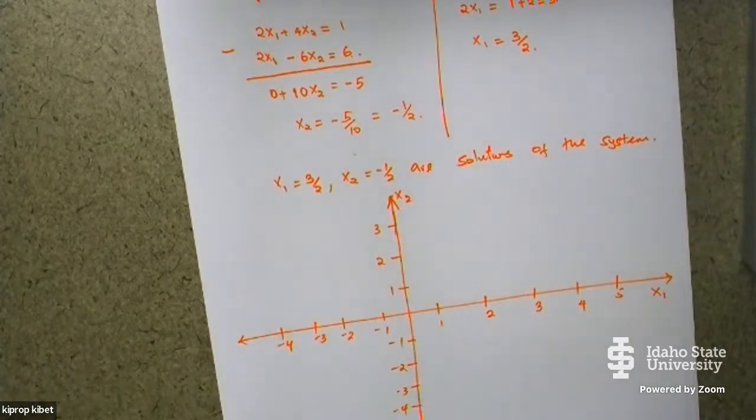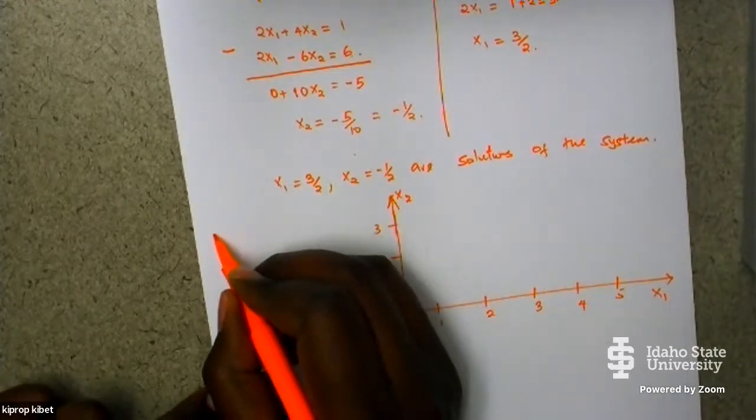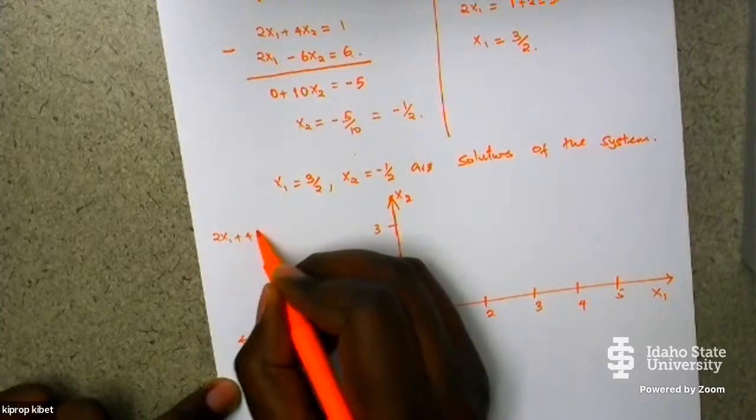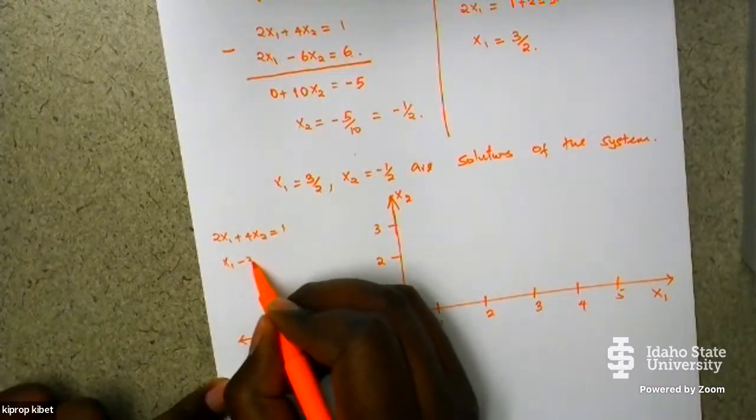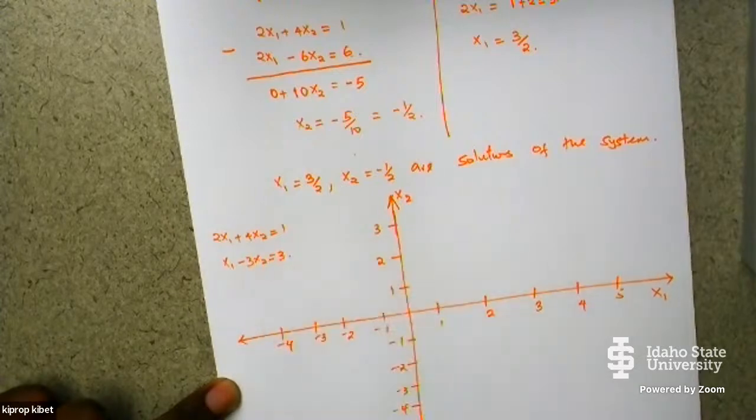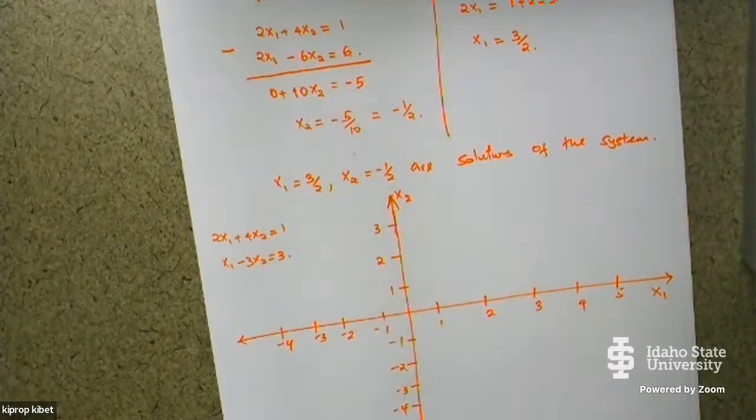Okay. Now, how can we sketch this? We have the linear system 2x1 plus 4x2 equals 1, and x1 minus 3x2 equals 3. How can we sketch the first one?